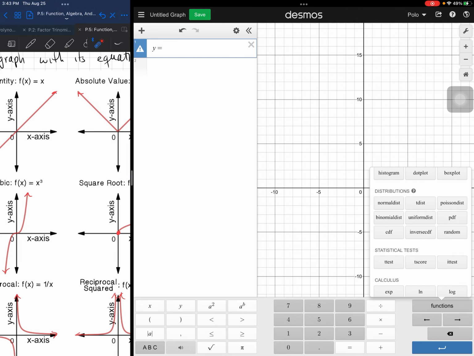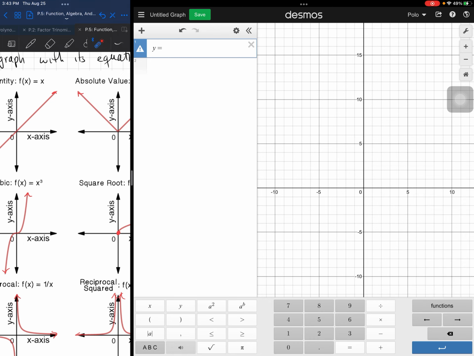If you notice on the left side, we have the x, the y, a squared, b, a to the b, parentheses, the square root, but you also have absolute value of a. So if you plug in that right there, the absolute value there appears. You type in x, and then you close the absolute value, and there you go. So that gives you the absolute value.